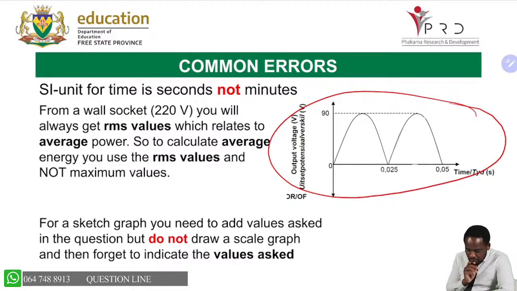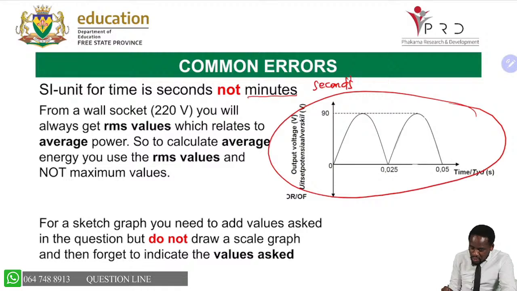Now, let me bring something in terms of the common errors that the examiner has identified over the years when it comes to a DC generator. The SI unit of time is not the minute. If we talk about time, SI unit, we're talking about a second.